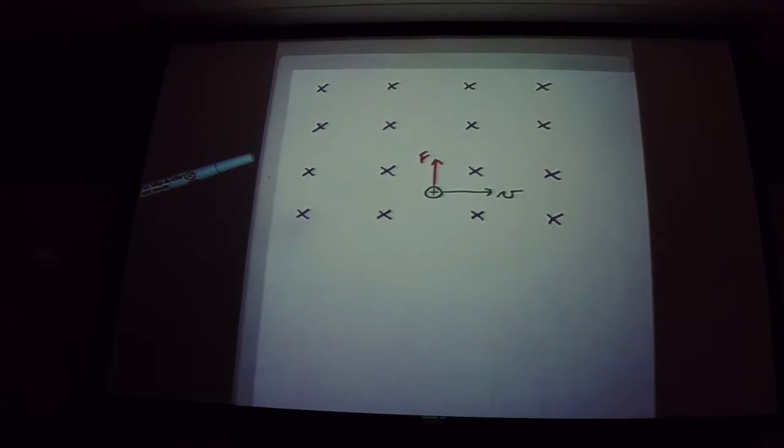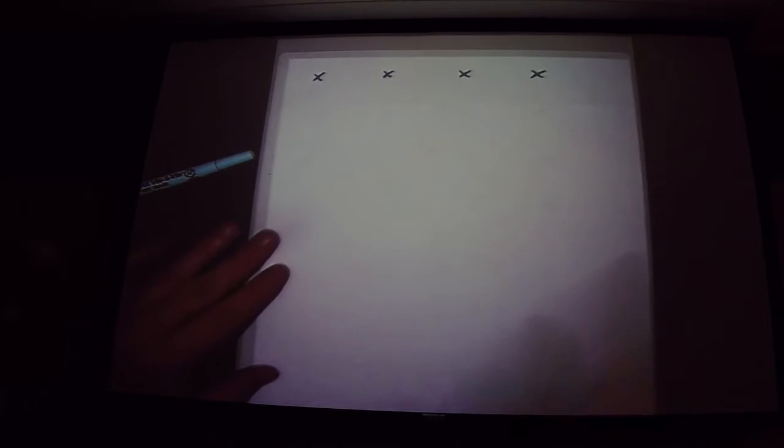Now let's look at what happens to that velocity. We want to review a little bit of 220A in terms of what forces do.